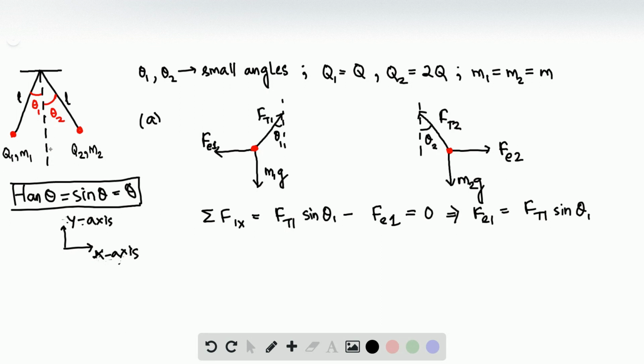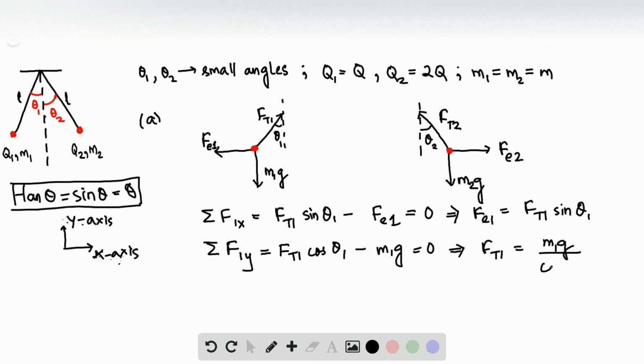Similarly, the net force on the first particle in the y direction should also be equal to 0, and this is Ft1 cos θ1 minus m1g equals 0, and this gives me Ft1 is equal to m1g over cos θ1.